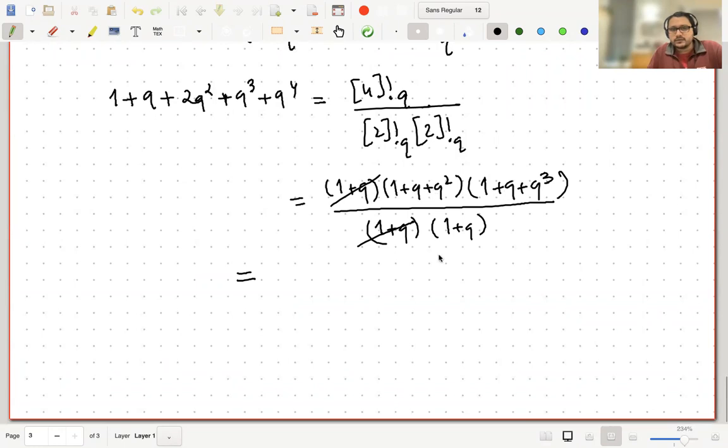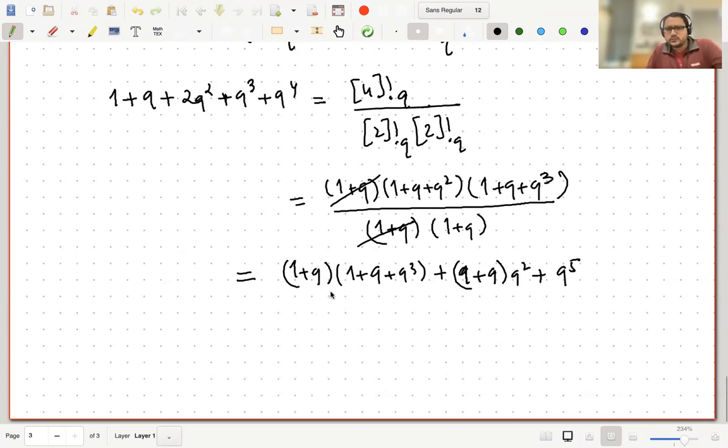Now if I do this, 1 plus q times 1 plus q cube plus 1 plus q squared plus q to the power 5, divided by 1 plus q.